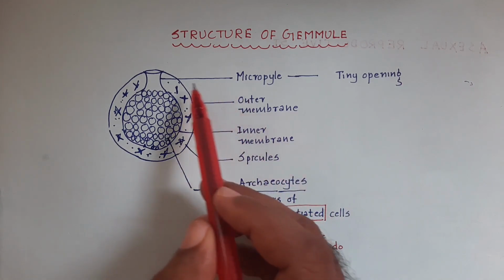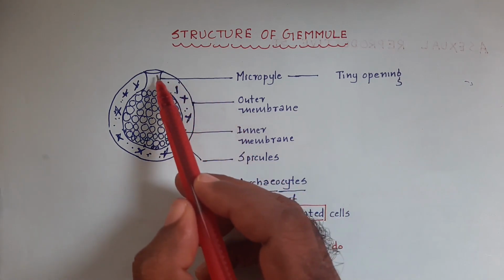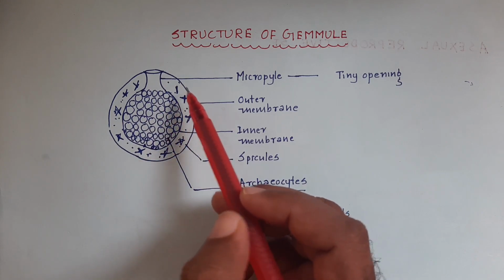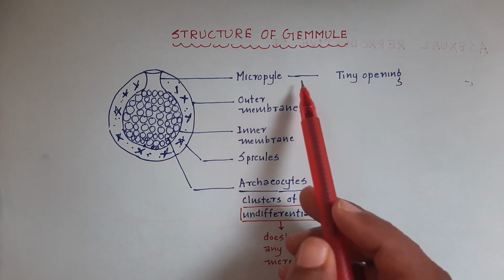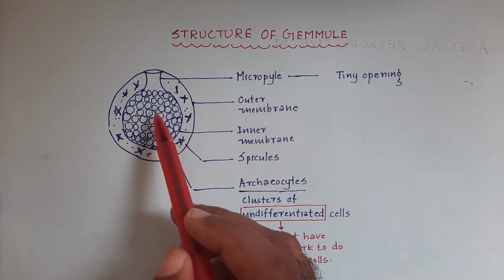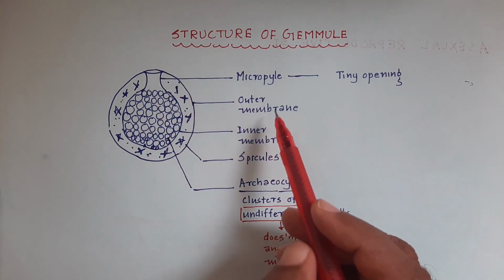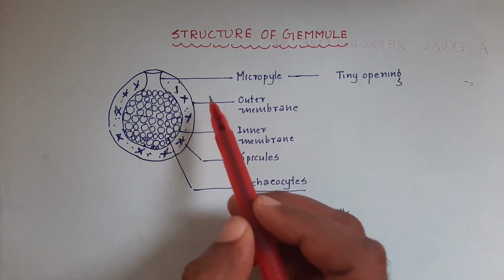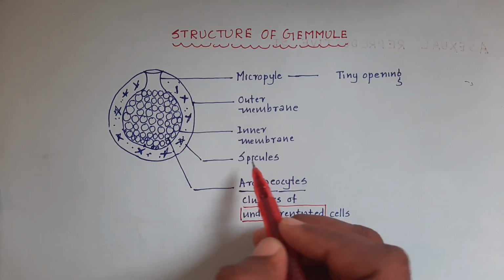So I will again explain the structure of the gemmule. It exhibits a very simple structure. It has a micropyle end, a tiny opening through which the specialized cells, archaeocytes, come out during favorable conditions, followed by the membranes, outer and inner, and then the spicules.